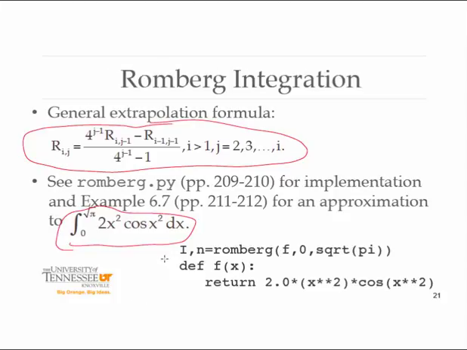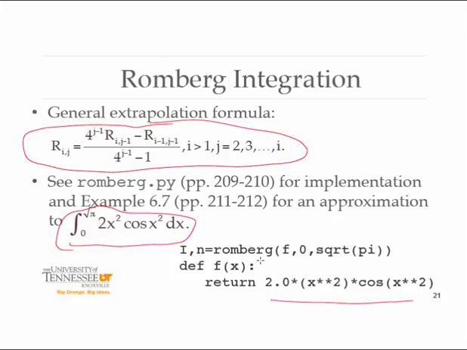The idea here is that you always will have to define a function that's going to provide the integrand. So here's an illustration for this example of coding up the function, because you're going to have to pass the name of that function f, which will be executed this way, to this Python function called romberg.